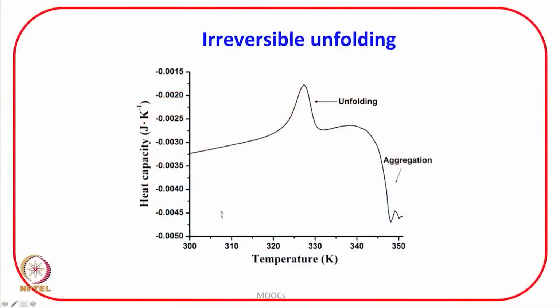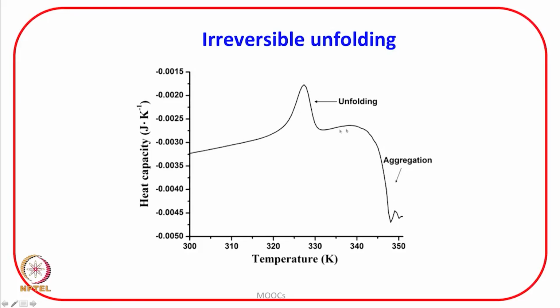But how is it detected in a differential scanning calorimetric profile? Let us take a look at this figure. If after the thermal transition there is a strong exotherm observed, if I am calling upwards endotherm, then the downwards will be exotherm.